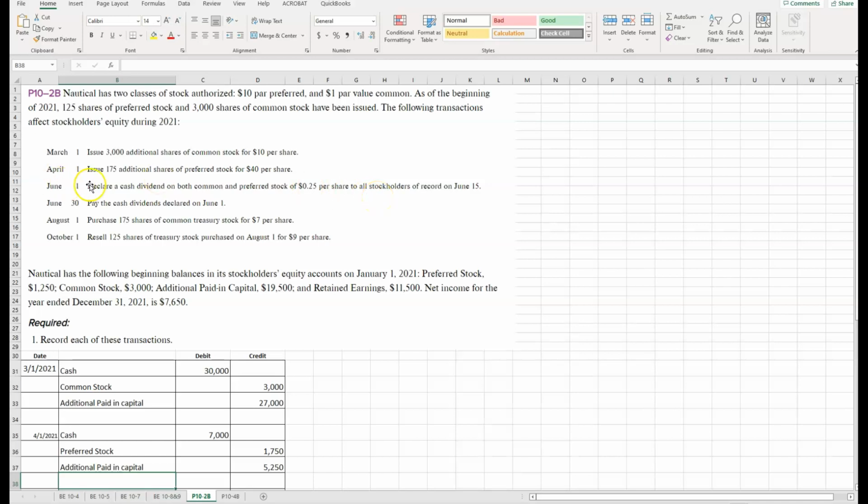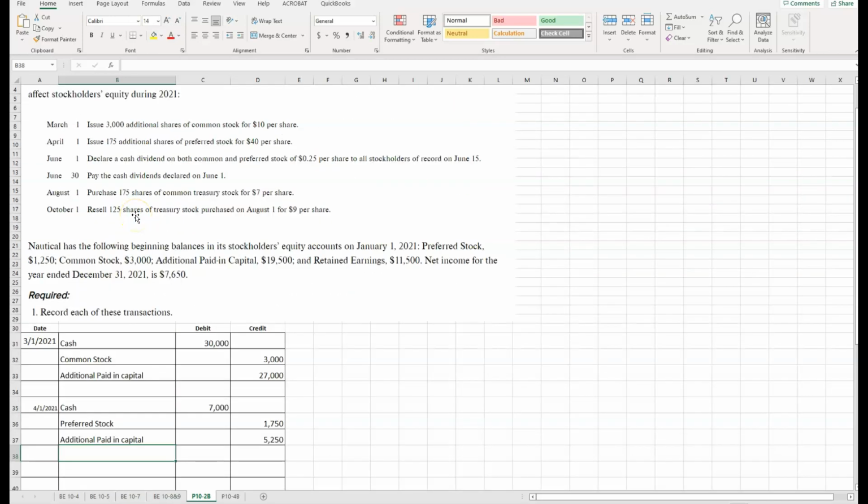We're just declaring the dividend, and we have to have a date of record, and we call that date of record June 15th. In this case, that means all stockholders that own stock on June 15th will get a dividend. We're declaring it, we're not actually paying it yet.